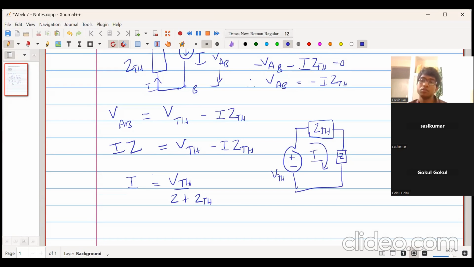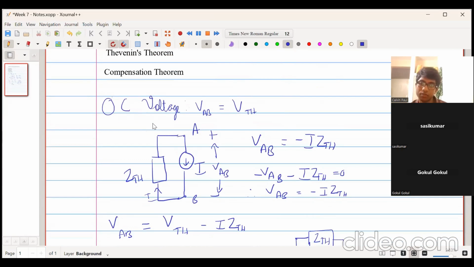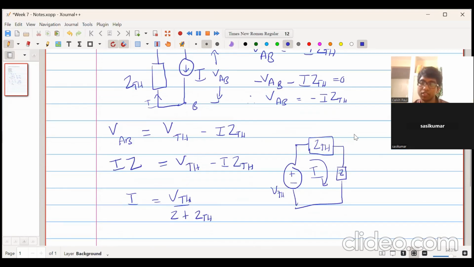If you remember, earlier when we studied the Thevenin theorem, you would first find the open circuit voltage across the element, that is V Thevenin. Then you would find the impedance across AB, and at that time you would short the voltage sources and open the current sources. That's what we have done. So that is how we have proved Thevenin's theorem.